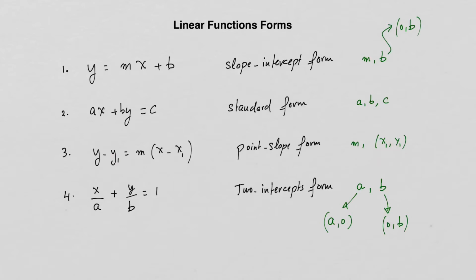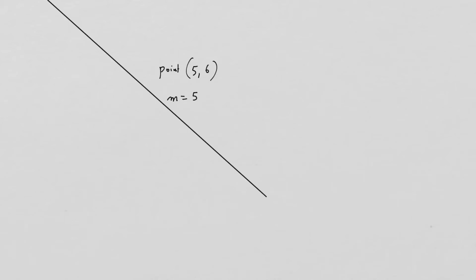So if I give you a point, let's say 5 comma 6, and I give you the slope, what method, what form would you use? Of course, you're going to use the number 3 form, this one.